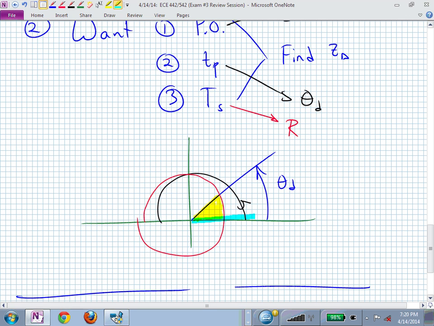But you could pick a zeta, and then you could find different R's and theta D's for that zeta. And you could put 5 points in your curve, and now you can connect those 5 points, and you have a pretty accurate location for that zeta. I don't think you need to get that precise.